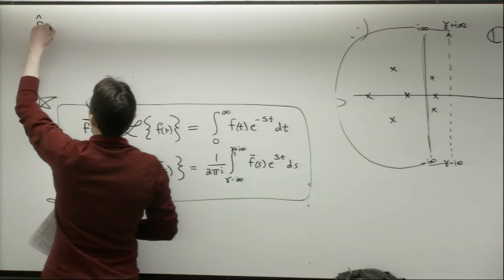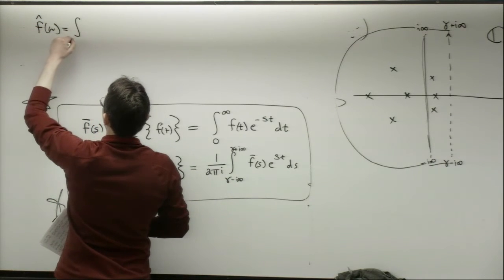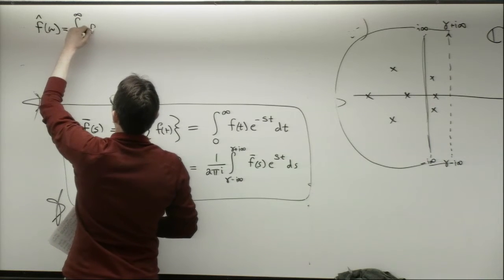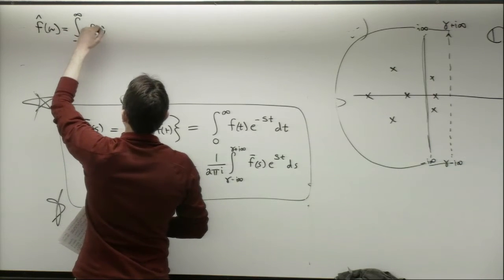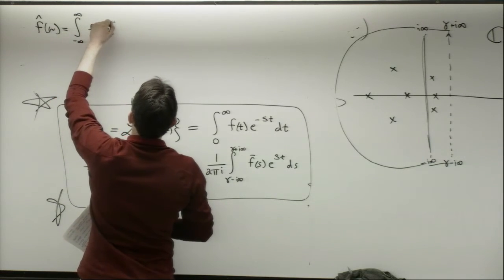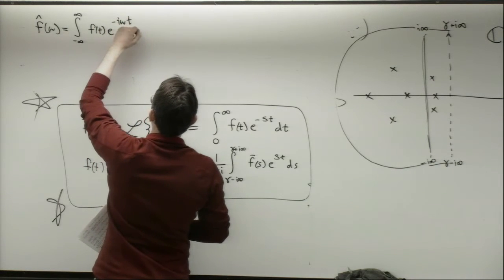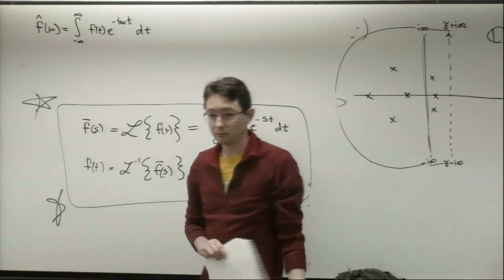That would be f hat of omega equals the integral from minus infinity to infinity of f of t e to the minus i omega t dt.